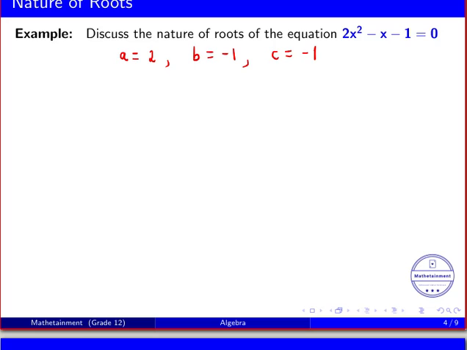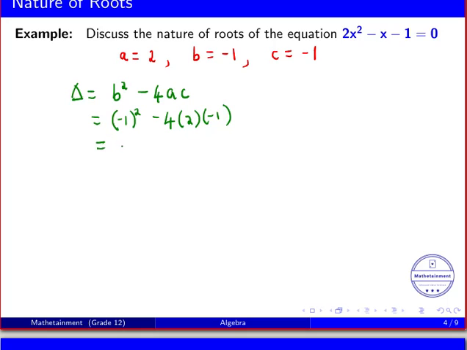Therefore, we can find our discriminant as follows. Our discriminant is given by b squared minus 4ac. So, for b squared, we have negative 1 all squared minus 4 times 2 times negative 1.